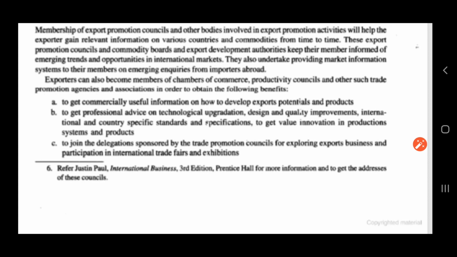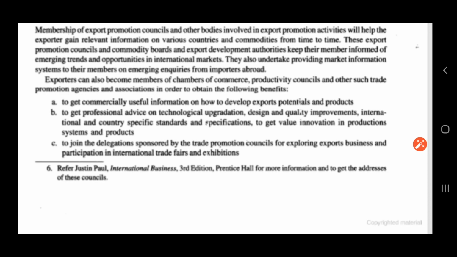And also the firm will be able to know or understand the international and country specific standards and specifications to get value innovation in production systems and products.